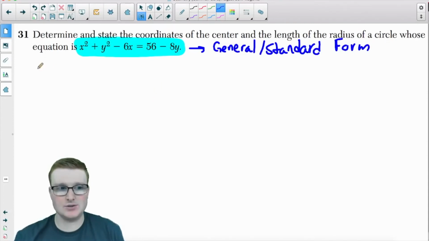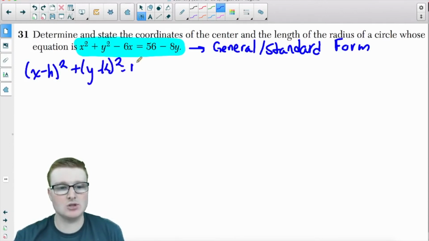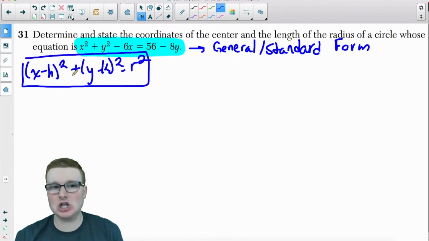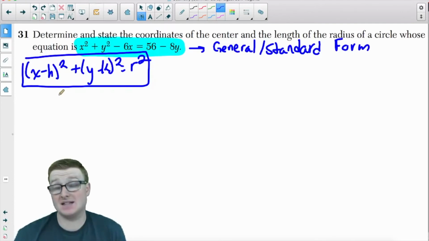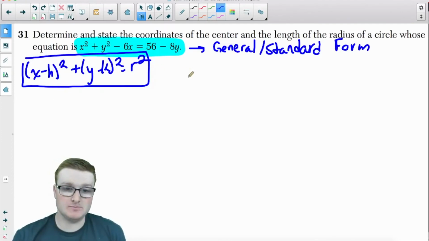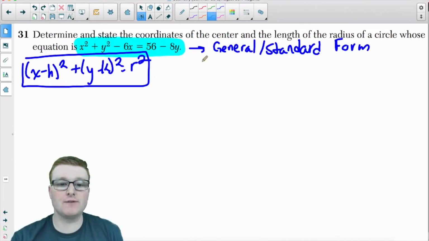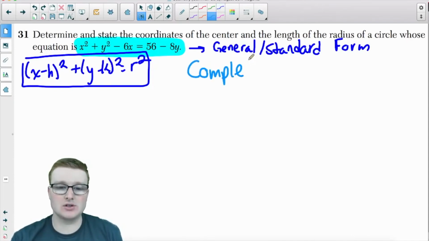And if you don't know the center radius form of a circle, it's this: x minus h squared plus y minus k squared equals r squared. Well, why would we want that? Because we could actually easily determine the center and the radius in center radius form, hence the name. So what we're going to do is perform an operation or a method called completing the square.